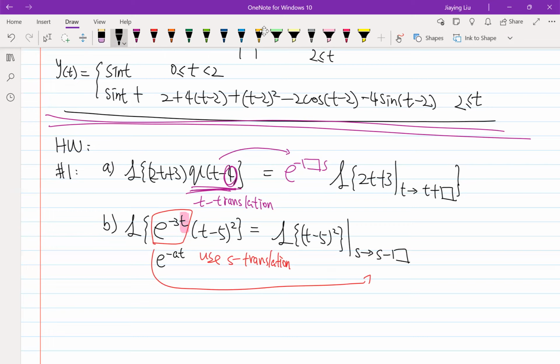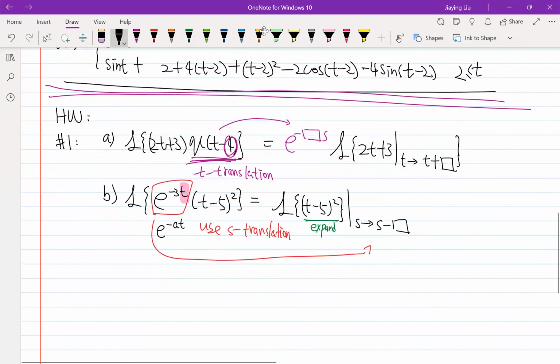So the translation is not an expression. It just tells us that at the end, the s will be substituted with s minus a. Let's keep that in mind. And also, I want to add a note to this problem that you want to expand it first before you find the Laplace transform in the next step.